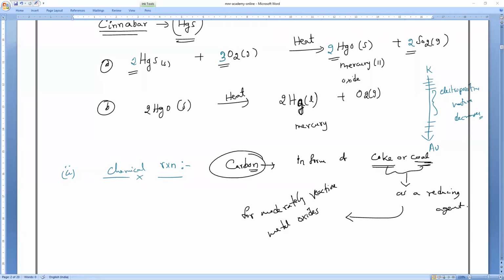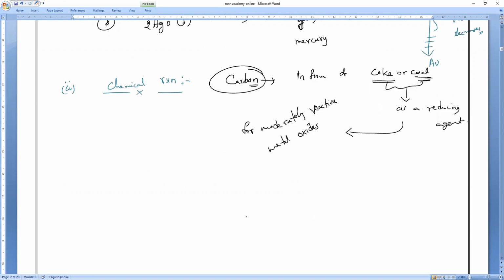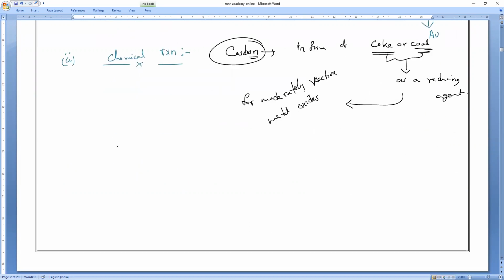So we'll go with zinc, iron, lead, and copper. Copper is under less reactive also. But basically, for reduction using carbon, we can take two: zinc and iron. So those two alone we will take. The oxide ores of zinc and iron.